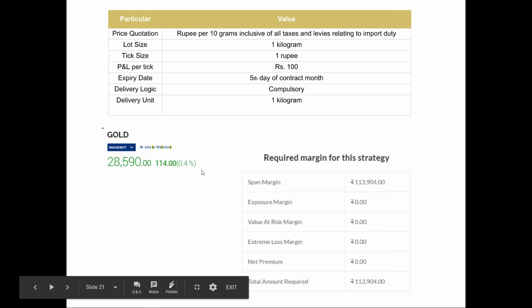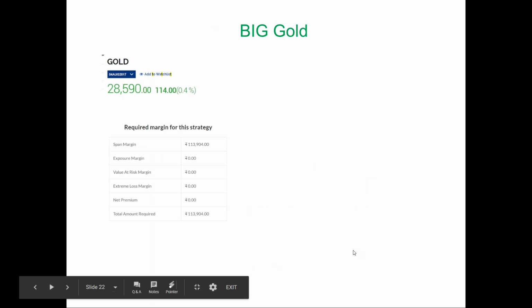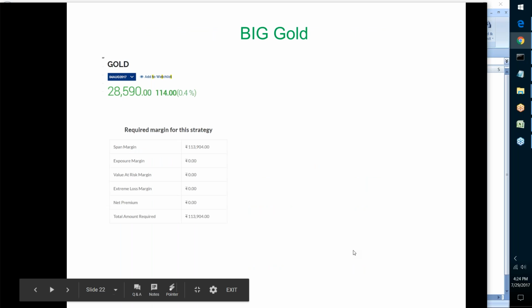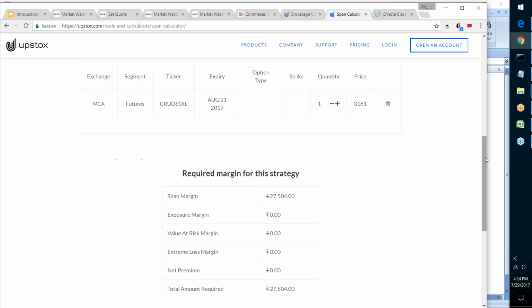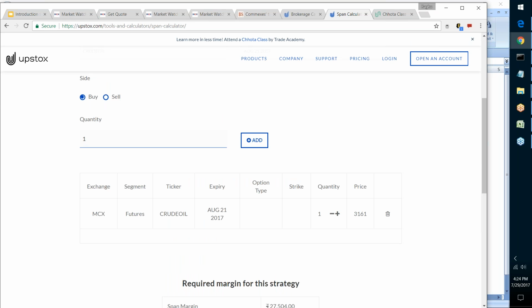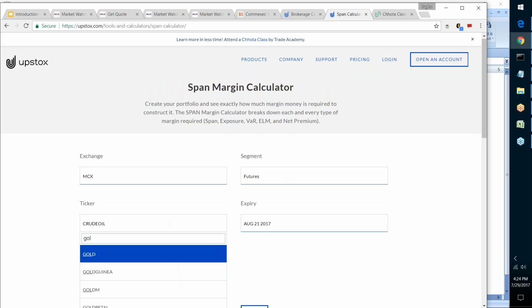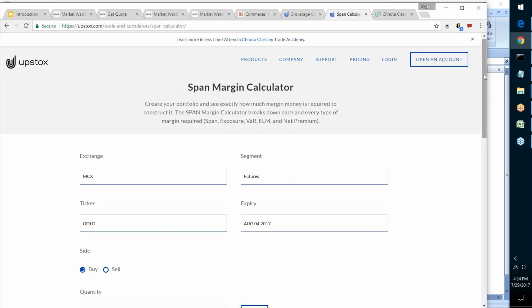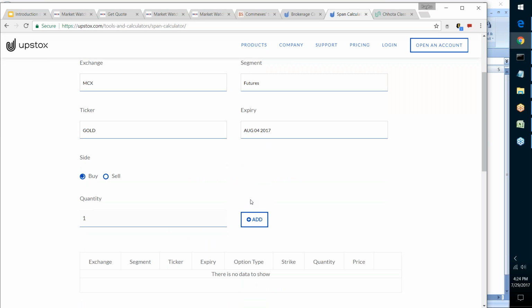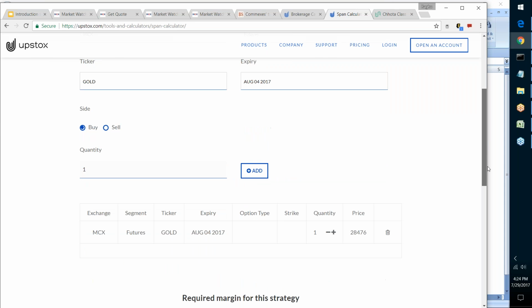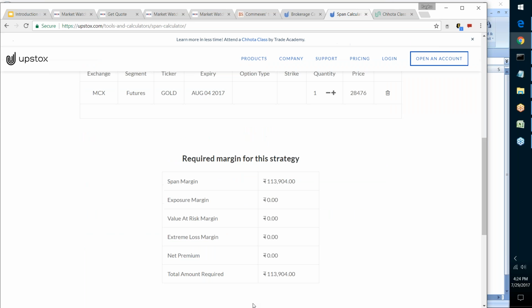Okay. Now if I use the Upstox Pro calculator, that's going to be right here. If I change this to gold, and if I add it, you can see that the required margin is 1.14 lakhs, right? So that's how I'm calculating this.